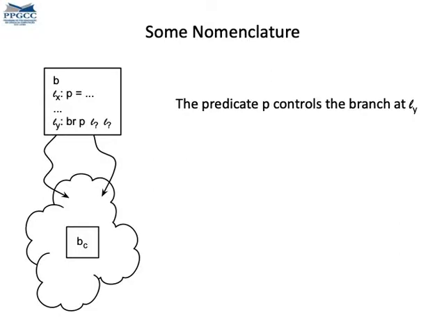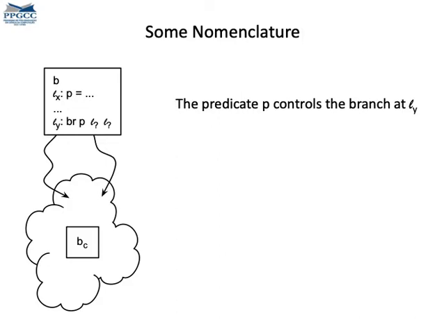Before we move on, let me clarify some nomenclature. When we talk about Hammock graphs, we are talking about relations between the basic blocks in a program. However, in the context of program slices, we will be talking a lot about the predicate that controls some branch. In this figure, P is the predicate that controls the branch at label ly.